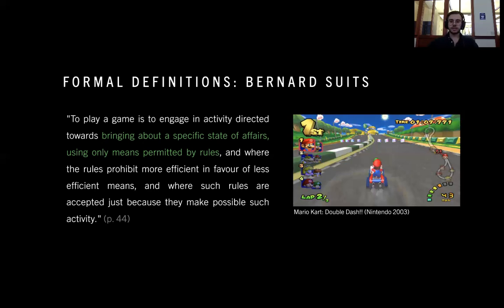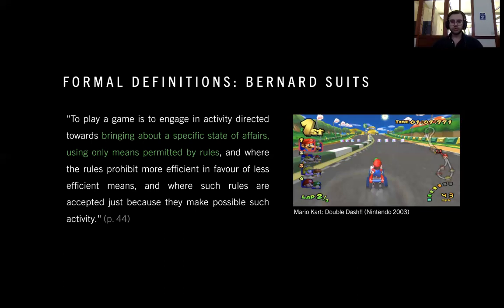In Mario Kart Double Dash, in order to shorten our journey to the finish line, we cannot just go over here on the left side, as this blocks our way. Also, there are places like sand traps where the game slows you down in order not to allow you to go too fast towards the finish line.